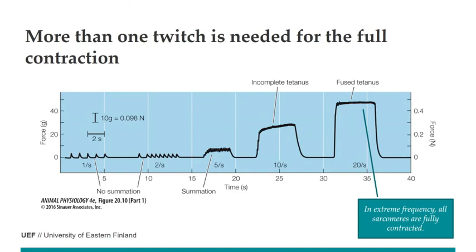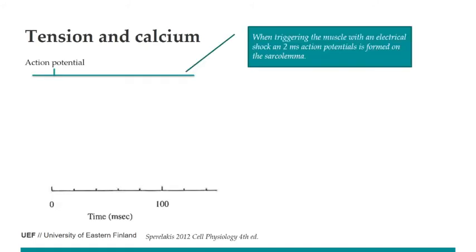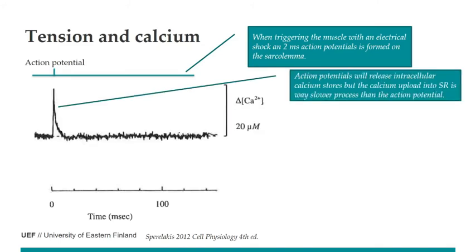And what's the idea behind it? So when we are triggering the muscle with the electric shock, we get maybe a 2 millisecond long action potential. We saw the action potential already in the previous videos. And this action potential causes a release of intracellular calcium, and that you can also record.